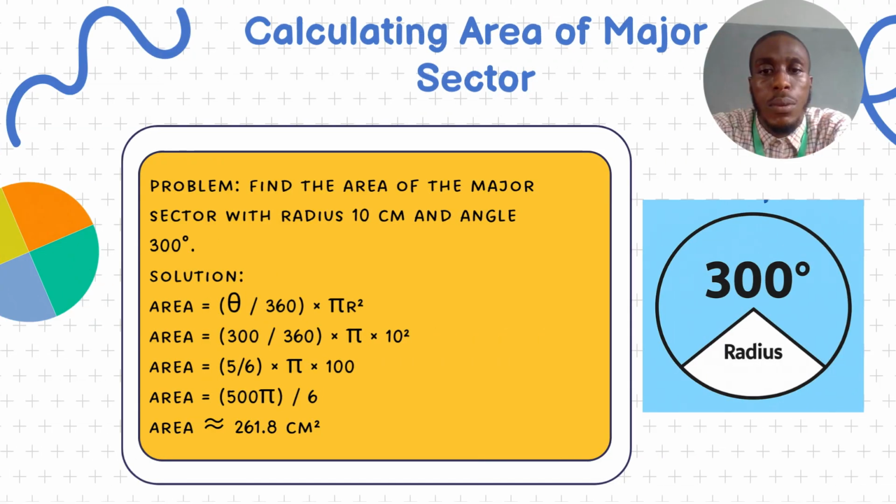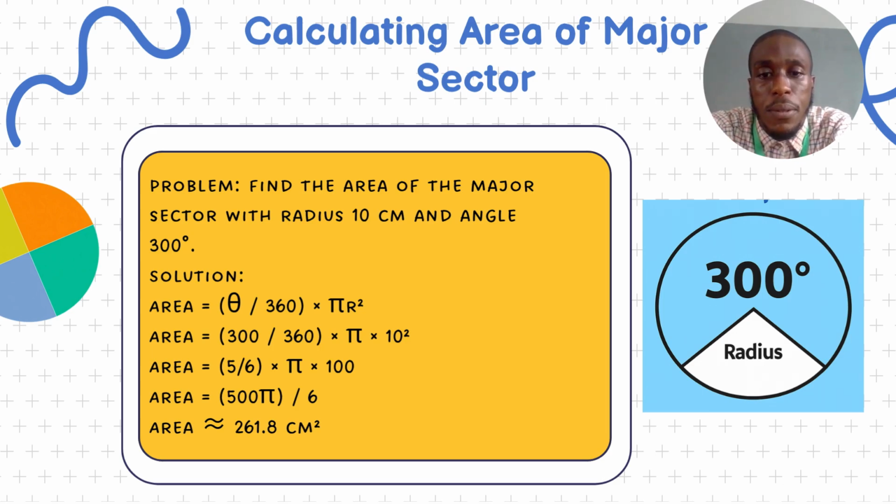This is another problem. We are asked to find the area of the major sector with radius 10 centimeters and an angle of 300 degrees. You can see that this angle is quite bigger than the previous one. Using the formula, theta divided by 360 times pi times r times r, and substituting, we have 300 divided by 360 times pi times 10 times 10.